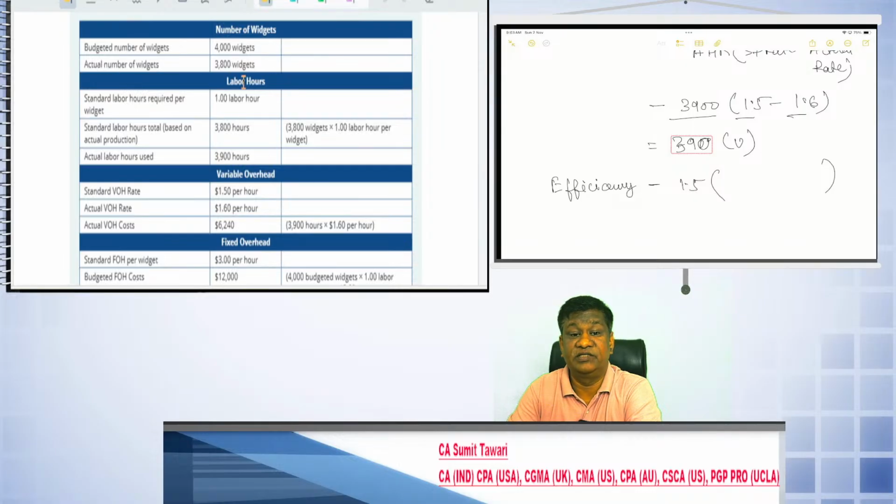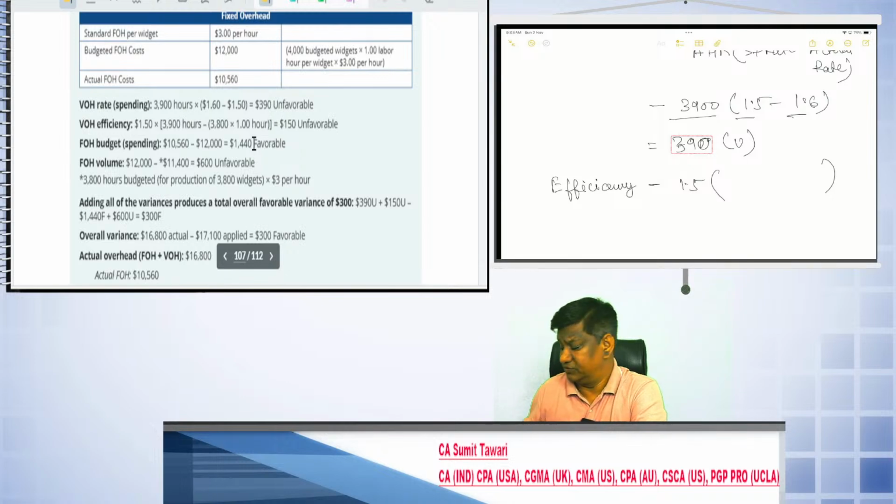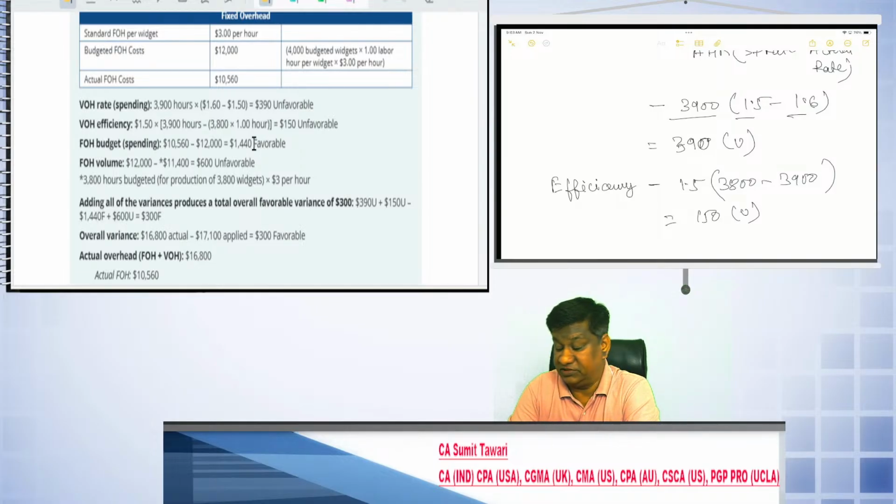So the actual number of wide gates is 3,800 based on the actual production, and the actual labor hours are 3,900. So 3,800 and 3,900, minus 3,900, which is again unfavorable. Here actual rate is actual rate, but the standard data we need to calculate for the actual production, that you need to keep in mind. Okay, clear?